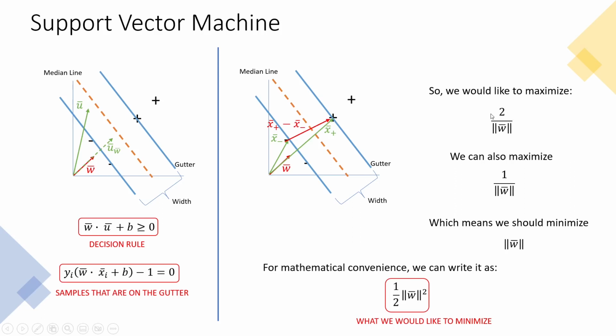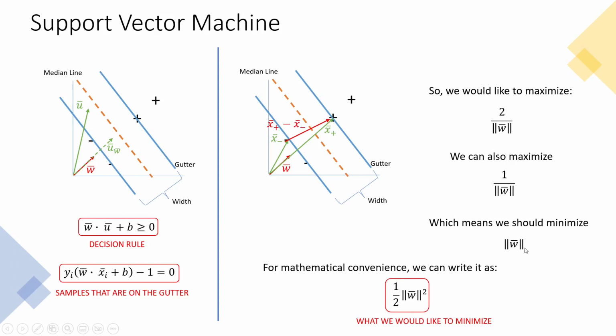So since this is a 2 here, we can rewrite this equation like this one. Maximizing this one and this one is exactly the same thing. Which means actually if we want to maximize this thing, we need to minimize basically this, okay.